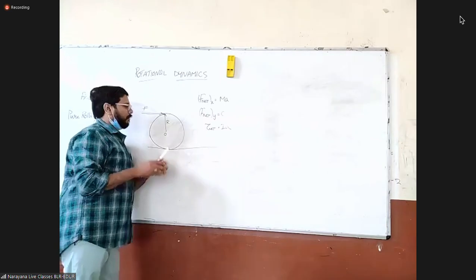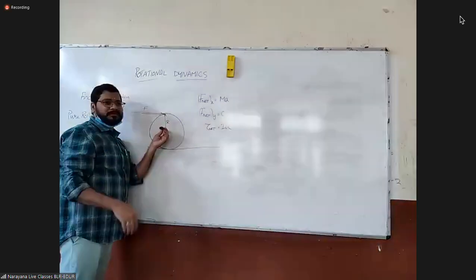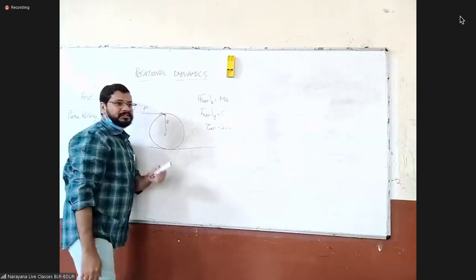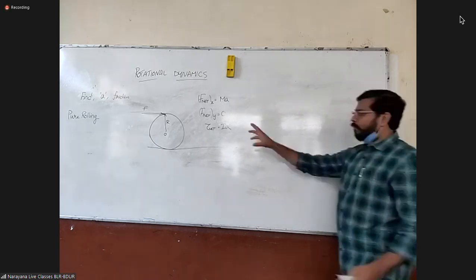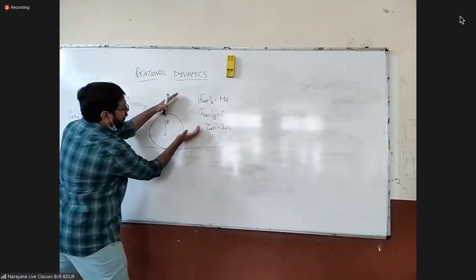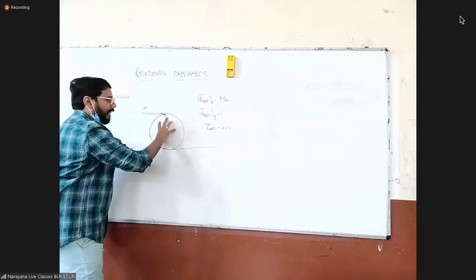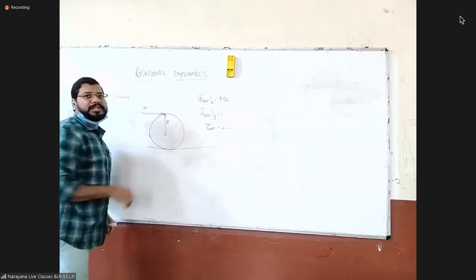So with axes X, Y, Z for a three-dimensional body, i, j, k, your axis of rotation will be like this. This body will try to rotate about this axis, perpendicular to the plane of the body. What is your I?